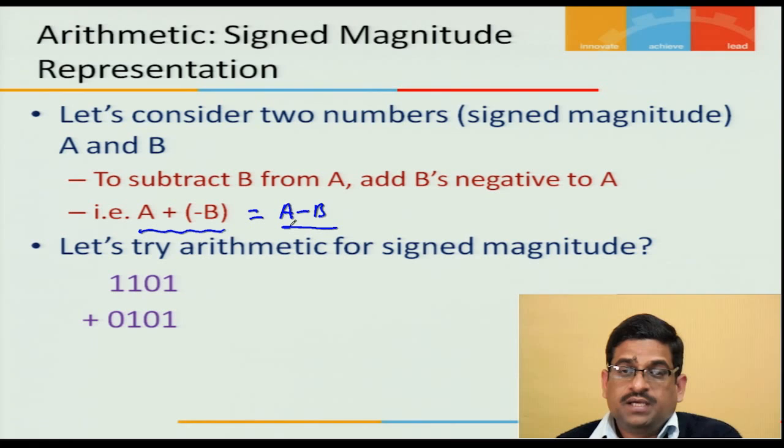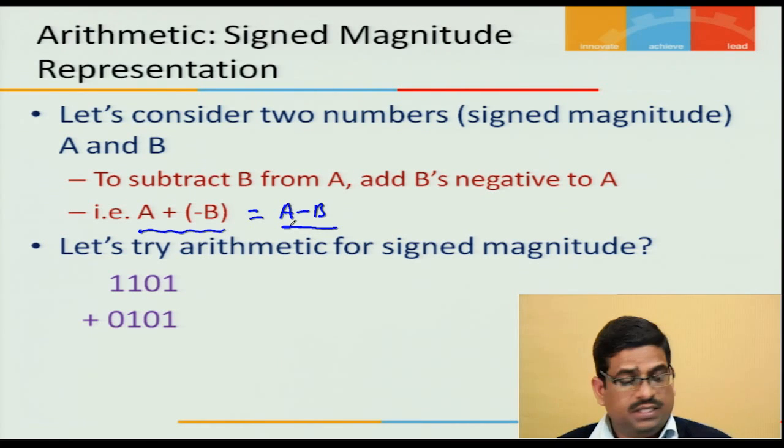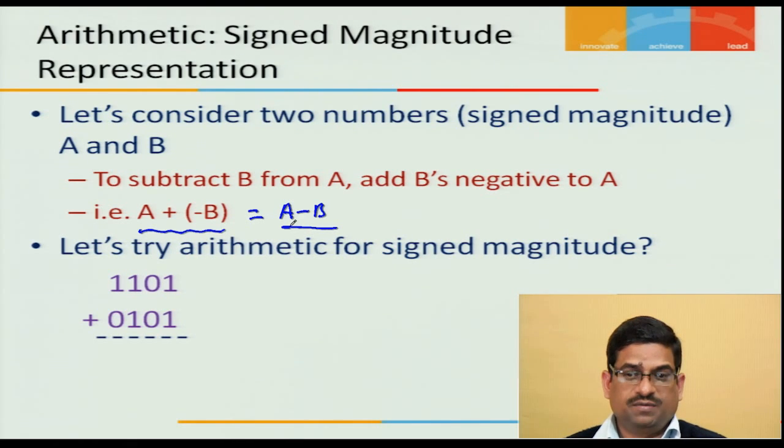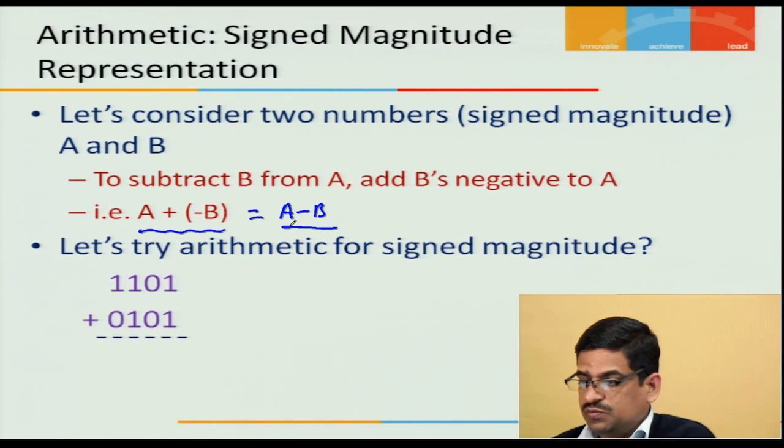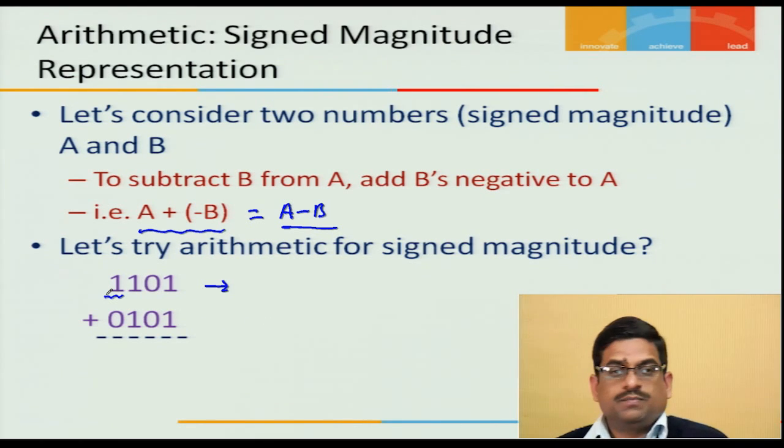Now let us try one example here. Here 2 numbers are represented in a sign magnitude representation. Don't confuse with the unsigned representations. Whatever number we are taking is in a signed representation, and the particular sign representation we are using currently is sign magnitude. So this number A, you can see the number is negative, because here 1 is there.